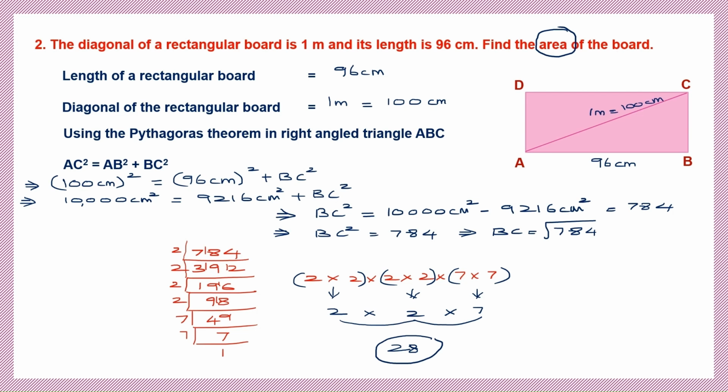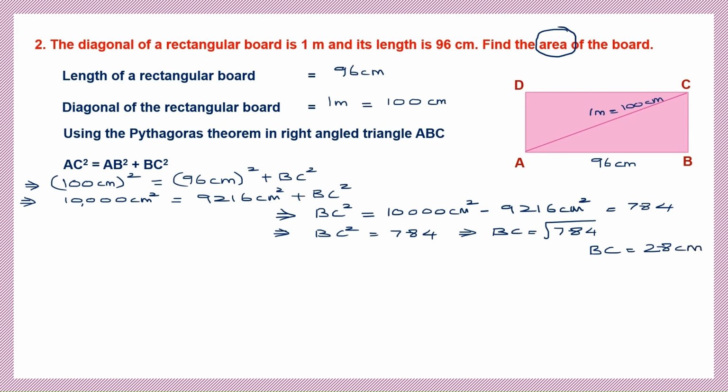So we have found the value of BC. BC is equal to 28 centimeters. So now let's go back to the figure and write BC is equal to 28 centimeters. So here it is 28 centimeters. Now we have the length and we have the breadth. We can easily find the area by using the formula. The formula is length into breadth. So let's write the length.